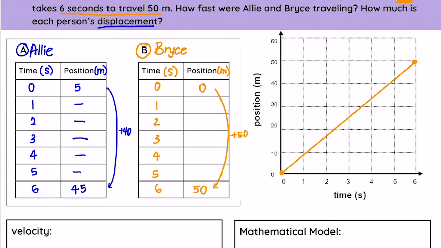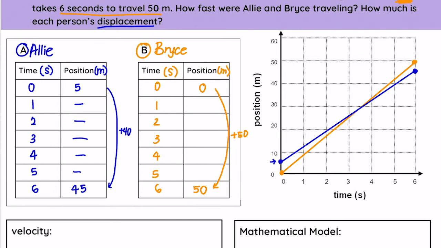Now Allie started at 5, so I'm going to find a point halfway between 0 and 10. So here's 5. And she ended at 45 meters. So it's going to be between 40 and 50, so the halfway point there. And I'm going to use my line tool, and I'm going to go ahead and draw a line between 5 and 45. Now it's not perfect, but it'll do for now.